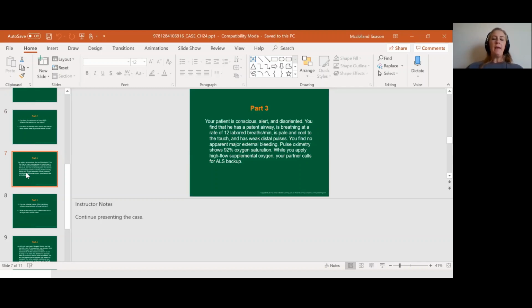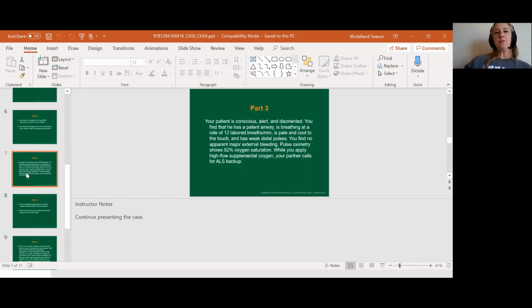You find that he has a patent airway, is breathing at a rate of 12 labored breaths per minute. What do you think would indicate to us that his breaths are labored? Gasping. Accessory muscle use.